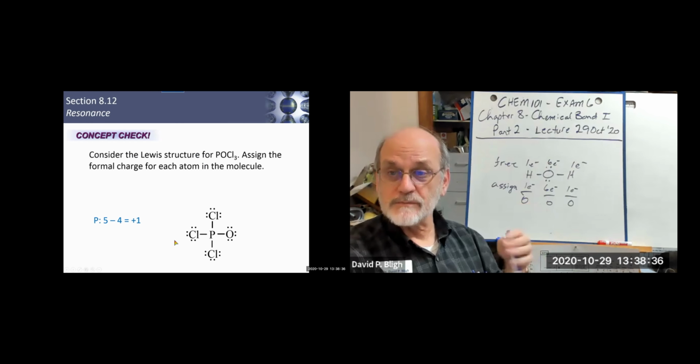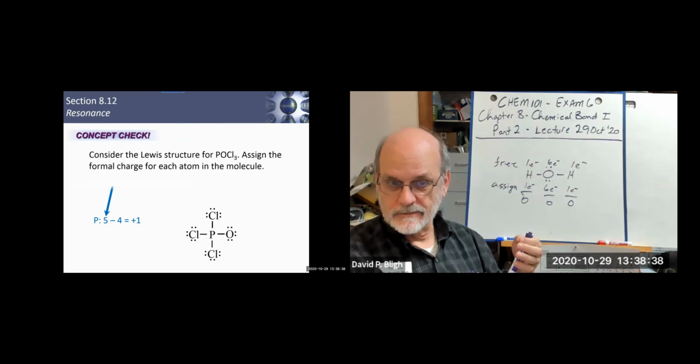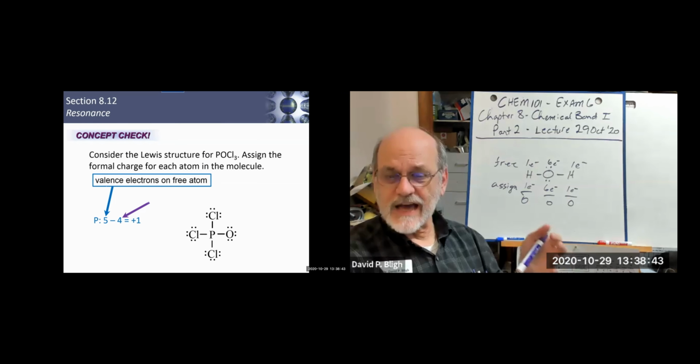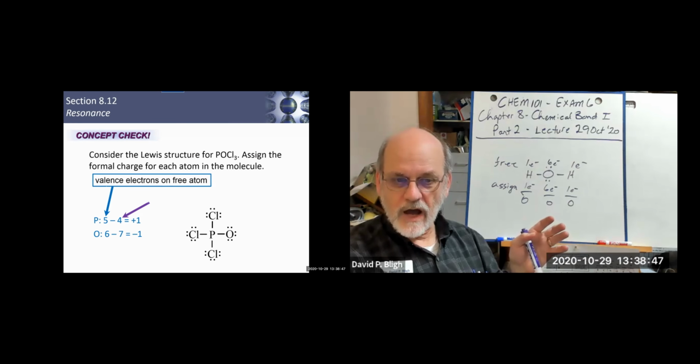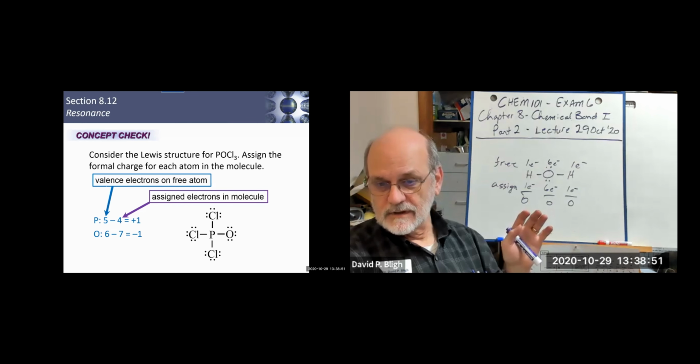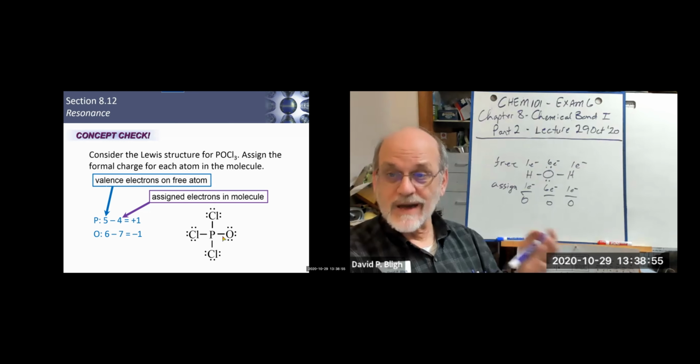So its formal charge is +1. Those are your valence electrons in the free atom. Those are the assigned electrons in the molecule, formal charge +1. Do the same thing for oxygen. 6 in the free atom. Now it has 7, right? 2, 4, 6, plus 1 here is 7. So it has a -1 formal charge.